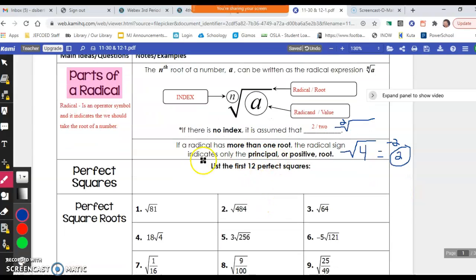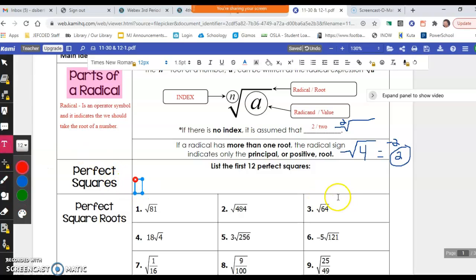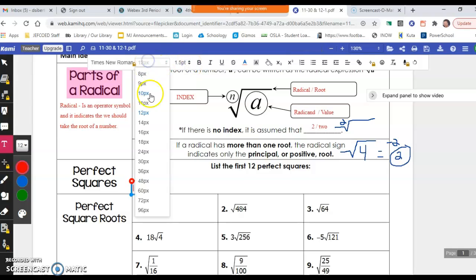Now, right here, we're going to list out the first 12 perfect squares. Can you take the square root of 1? What's the square root of 1? 1. So yes, we can, right? So 1 is a perfect square. Can you take the square root of 2? What about 3? 4?